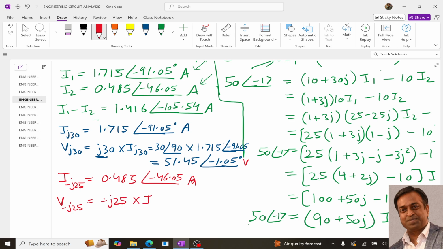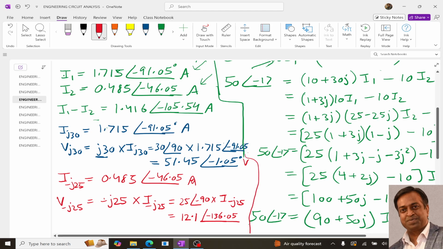Minus j25 can be written as angle minus 90. So if you solve this, you will get the answer as 12.1, angle minus 136.05, right?